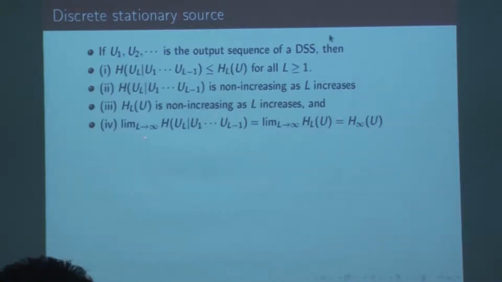And finally, as I said, when L goes to infinity, this is the same as this, which is what we call the entropy rate of a discrete stationary source.